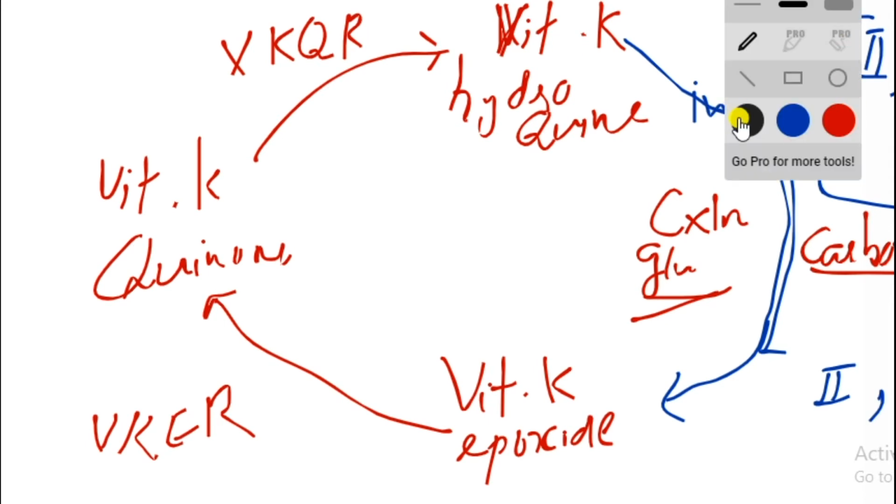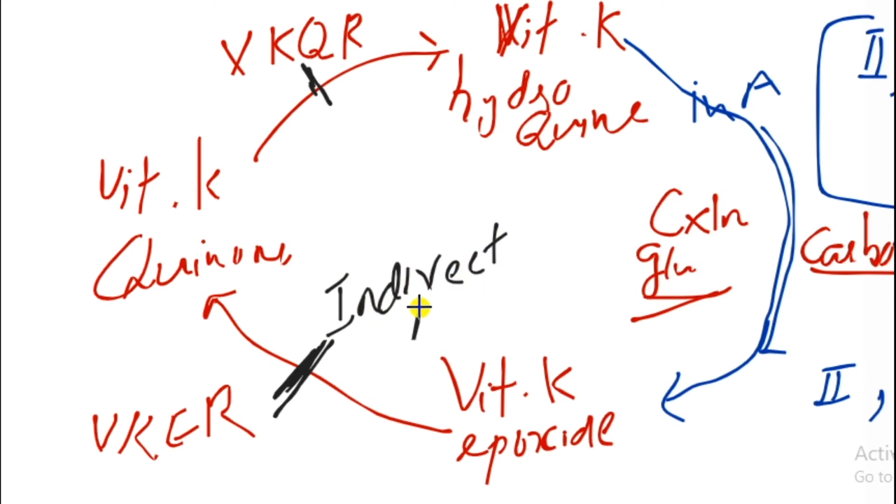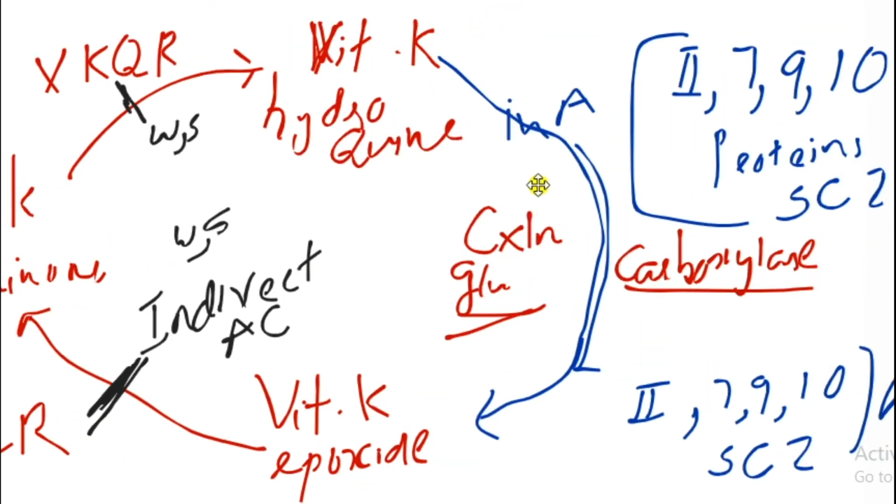And I want to say the last point: this step can be inhibited by indirect anticoagulants, like warfarin, syncumar, or neodicumarin, etc. Okay, did you understand this concept?